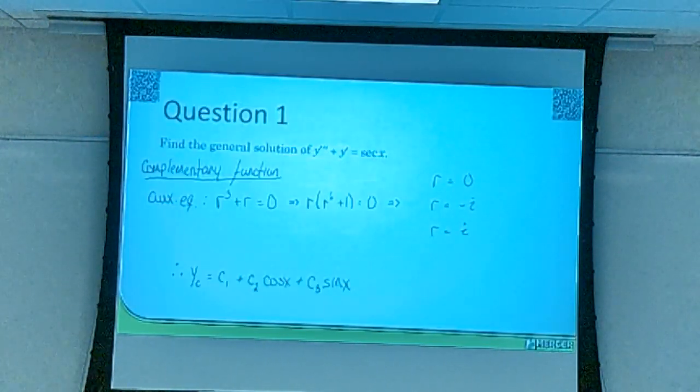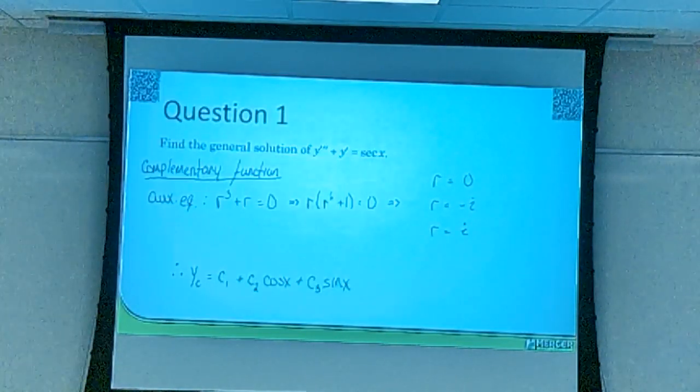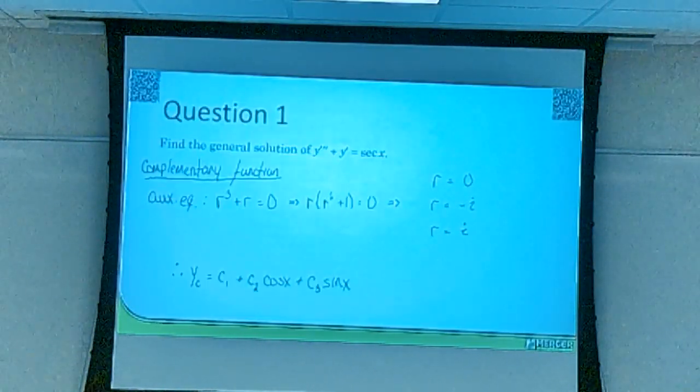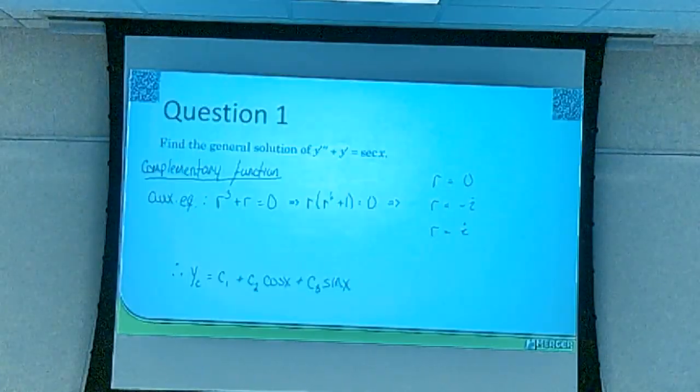What's the form for complex roots? e to the alpha x. What's alpha? In this case, it's 0. In general, what's alpha? The constant in front of it has a particular name: the real component.